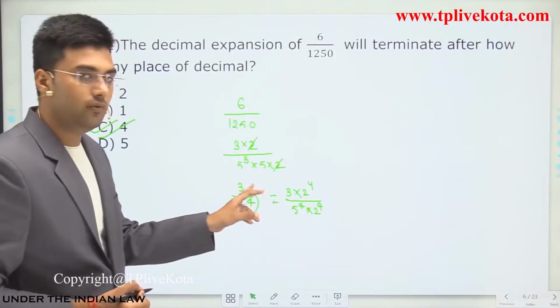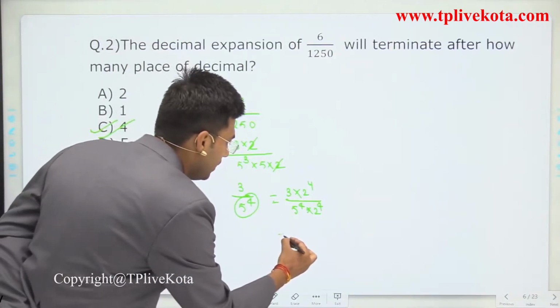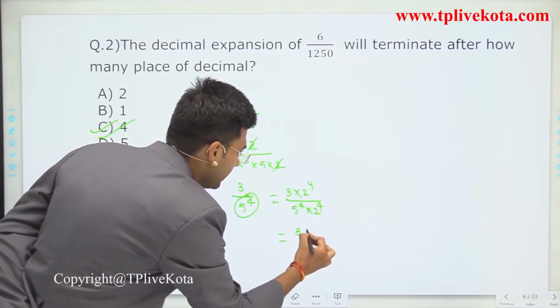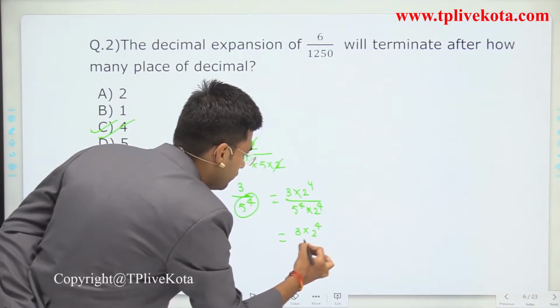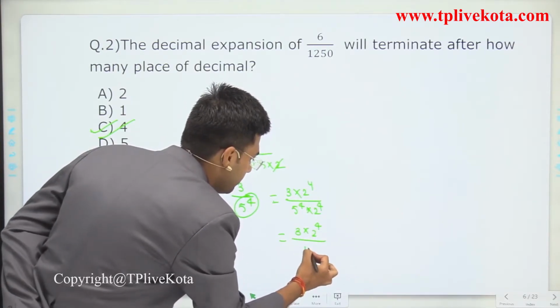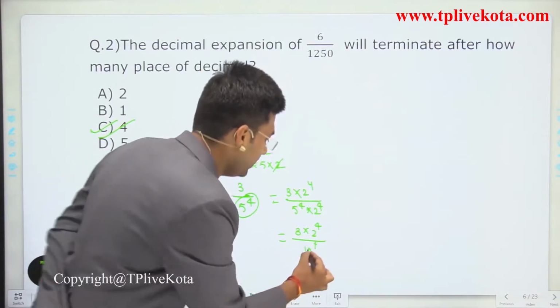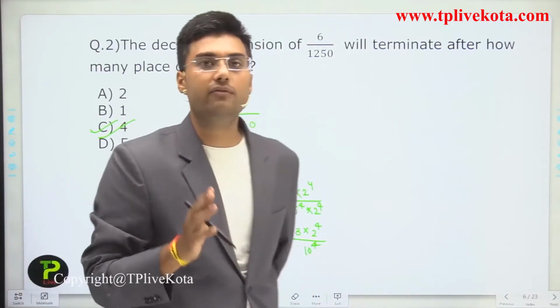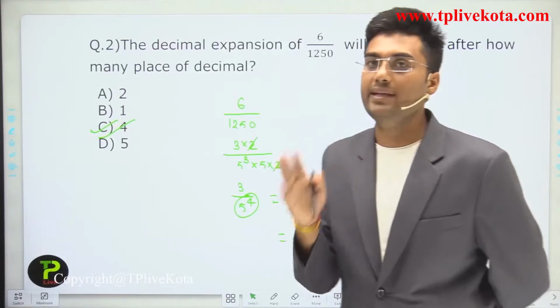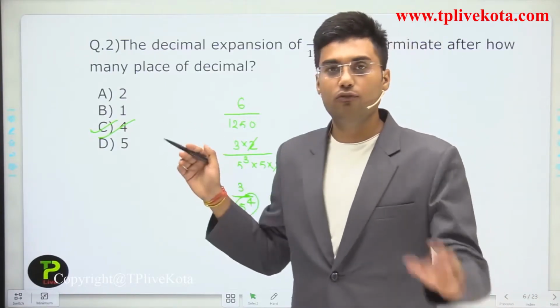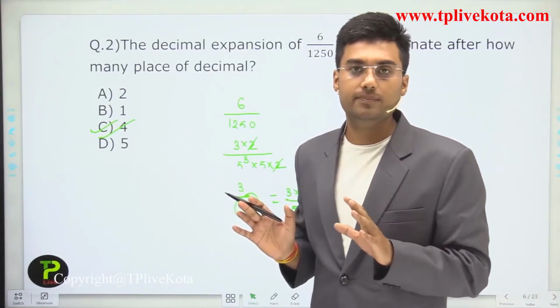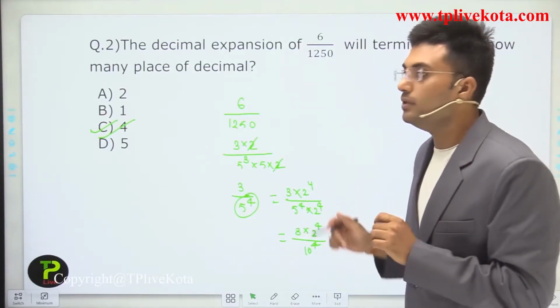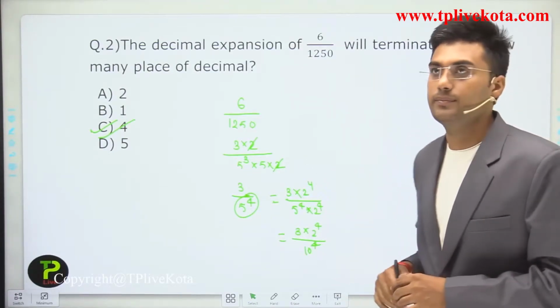These are the equivalent fractions. Now, when we solve this, we will get 3 multiplied by 2 power 4 over 10 power 4. If in the denominator we have 10 power 4, it means it terminates after the 4 decimals. Clear? Now, after this question, let's move to the second question.